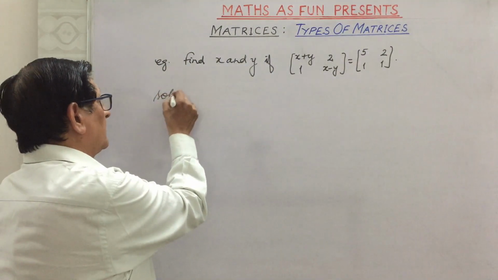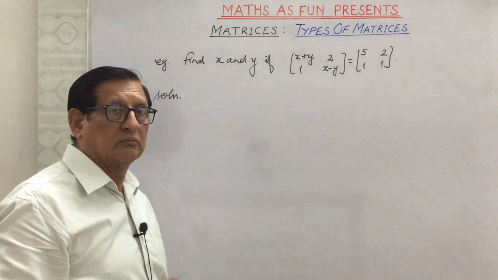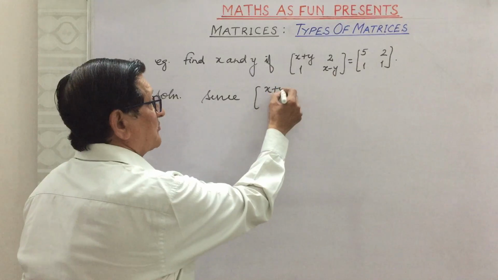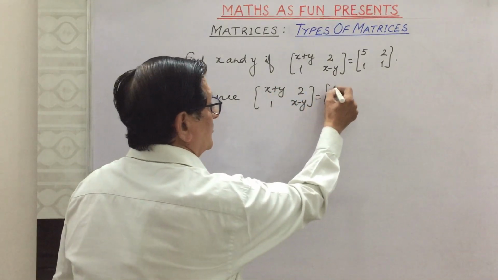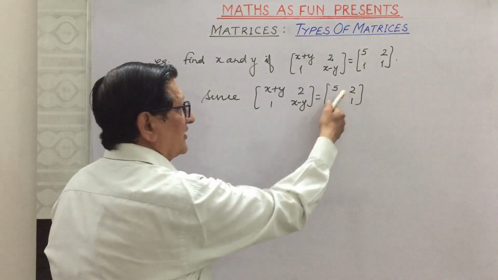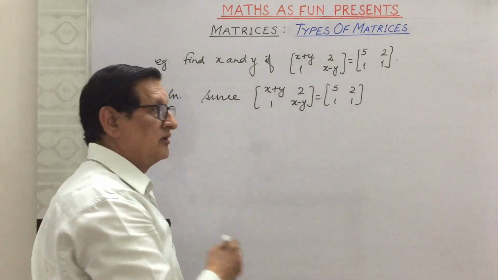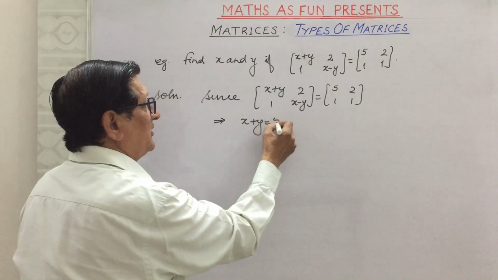We have been given the matrices equal. Since the matrix with x plus y, 2, 1, x minus y is equal to 5, 2, 1, 1, we find here these are 2 and 1, they are equal. It means this first element should be equal to this. So this gives us x plus y should be equal to 5.